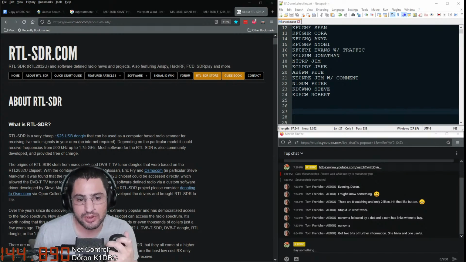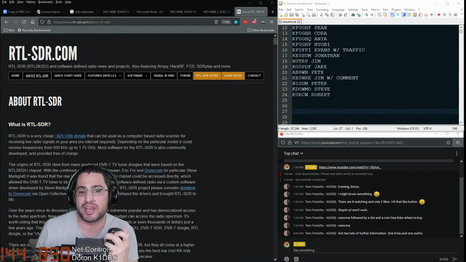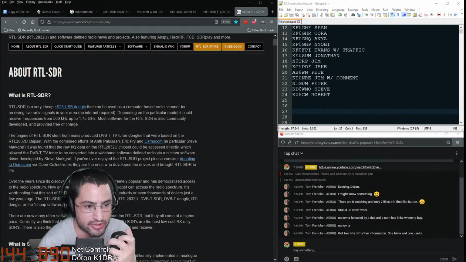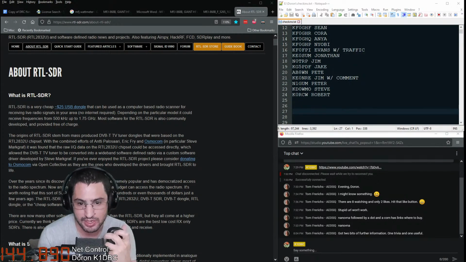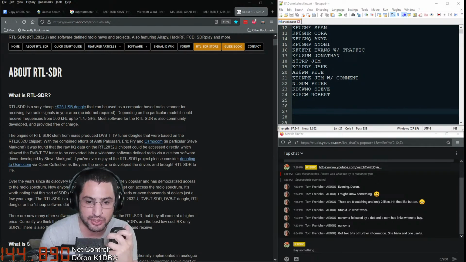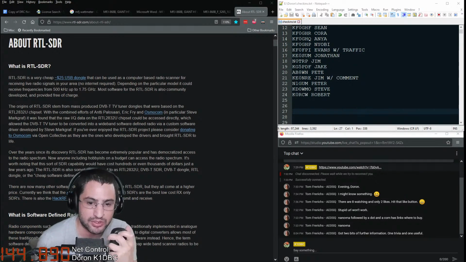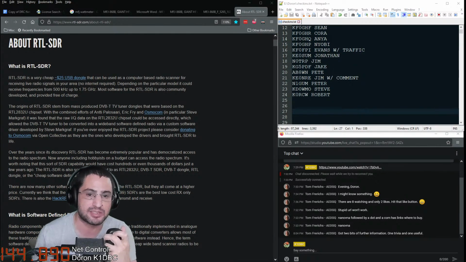Software-defined radio, as we know it in our consumer world, stemmed from basically an HD over-the-air USB tuner, a European tuner, and some Linux developers found that they were able to receive wideband spectrum from it.